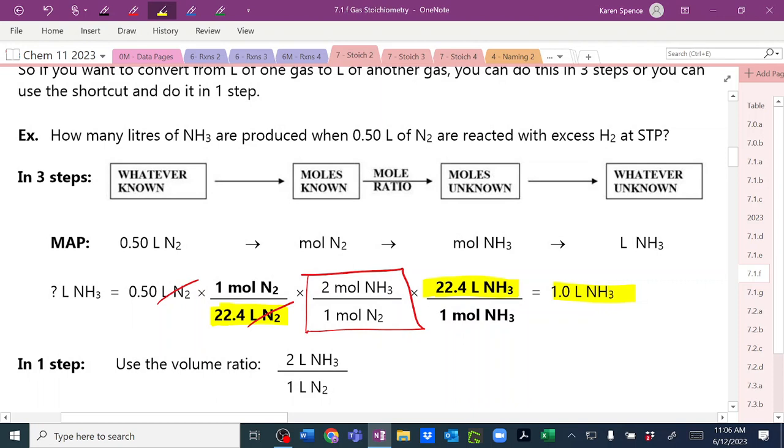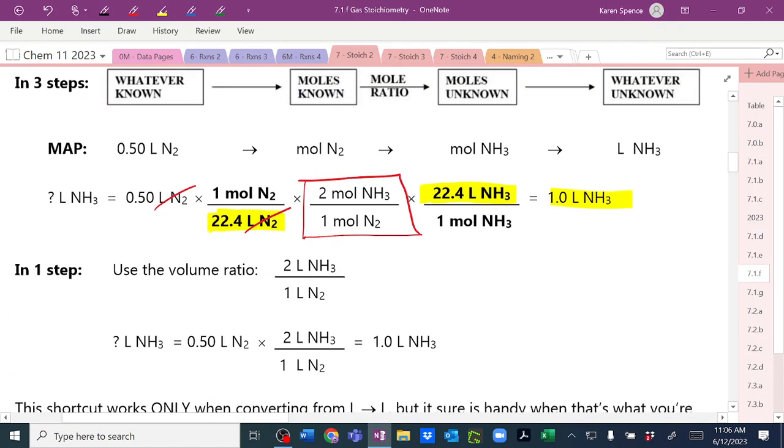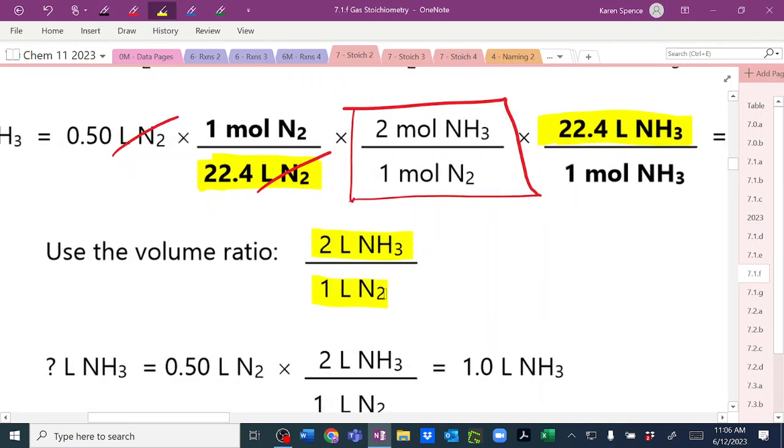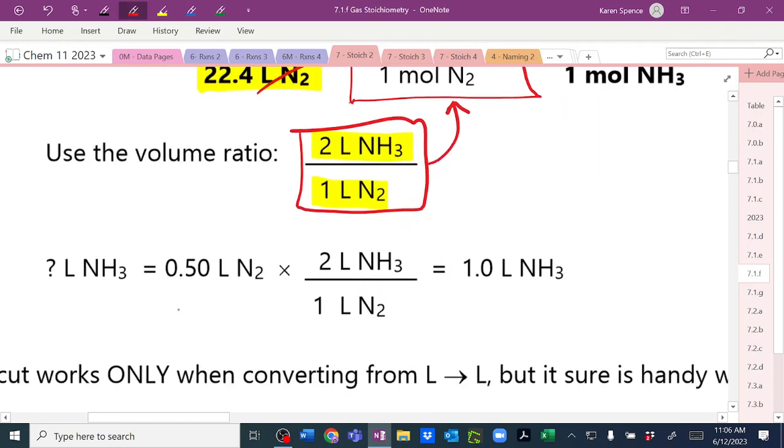If you want, you can do it that way, no problem. If it's less confusing for you to do that, I go to moles, I go to moles, I go to my final thing, that's great. But if you want to save yourself a little bit of work, you can use the volume ratio, which is the same as the mole ratio. Okay, you can say 0.5 liters of N2 times 2 liters of NH3 for every 1 liter of N2.